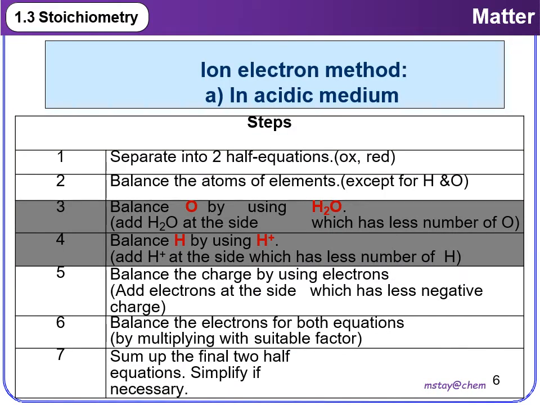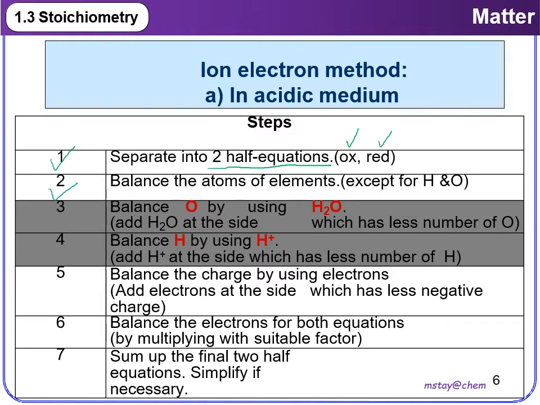Balancing redox equations is more interesting compared to balancing chemical equations because there are a few steps to be followed. Let's check the steps. First step, separate the equation into two half equations, one representing the oxidation process and the other representing the reduction process.